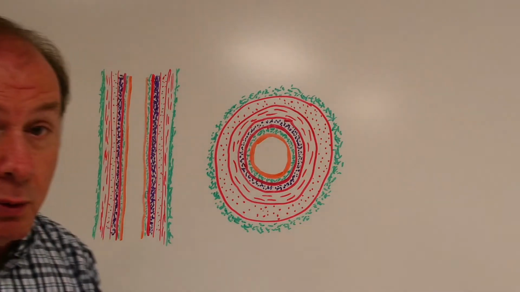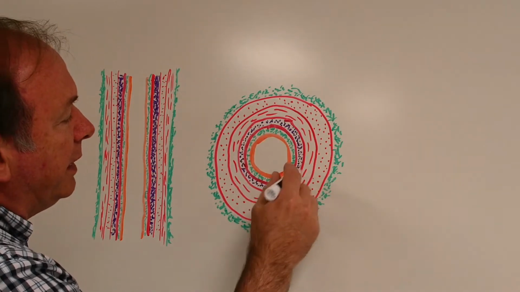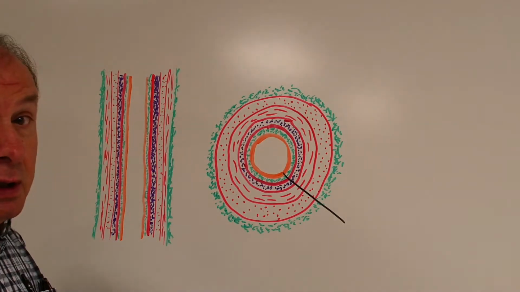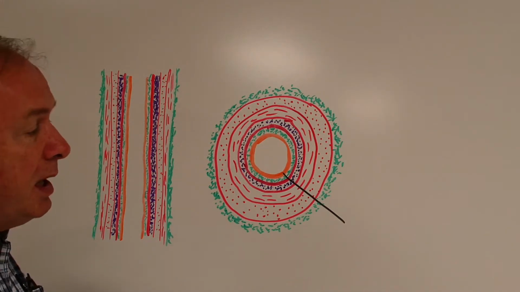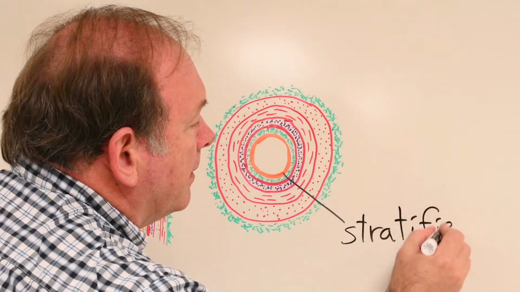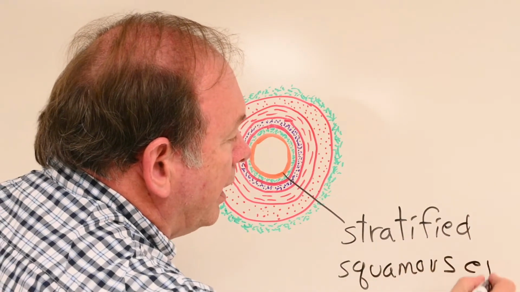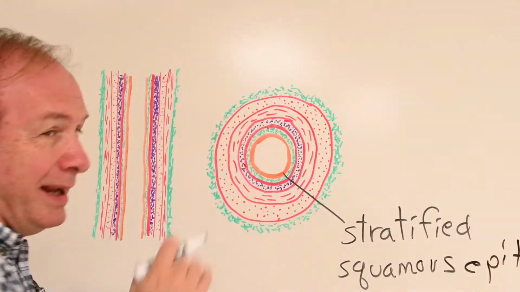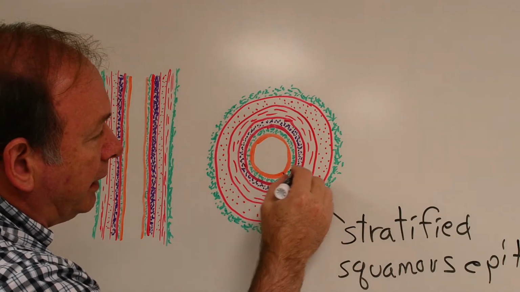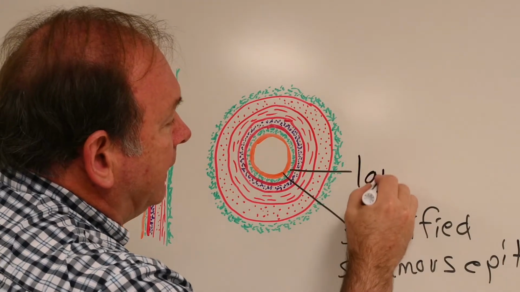So the innermost part, we've already talked about this when we were talking about tissues, that innermost layer right there, next to the cavity, is made of a stratified squamous epithelium. So that's our inner epithelial layer. That sits on top of a layer of loose connective tissue, and we've mentioned this term already also, the lamina propria.